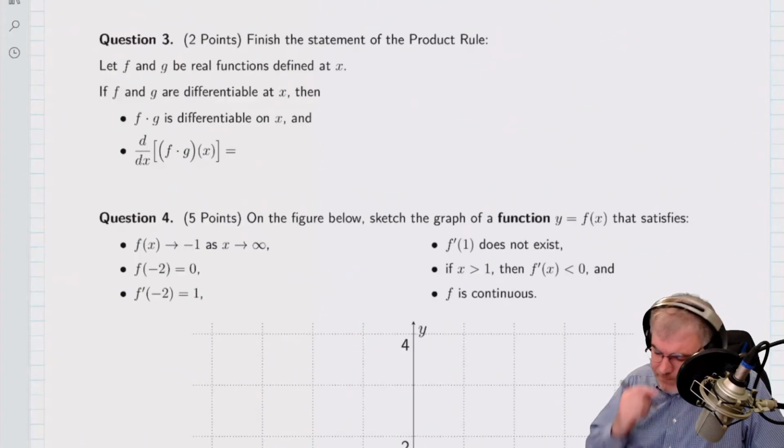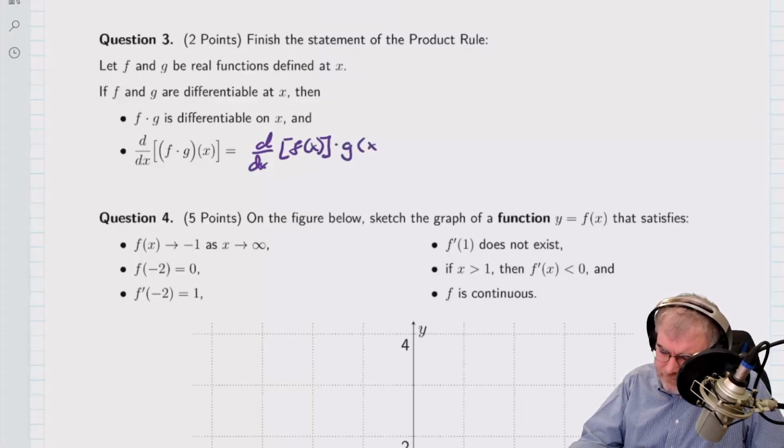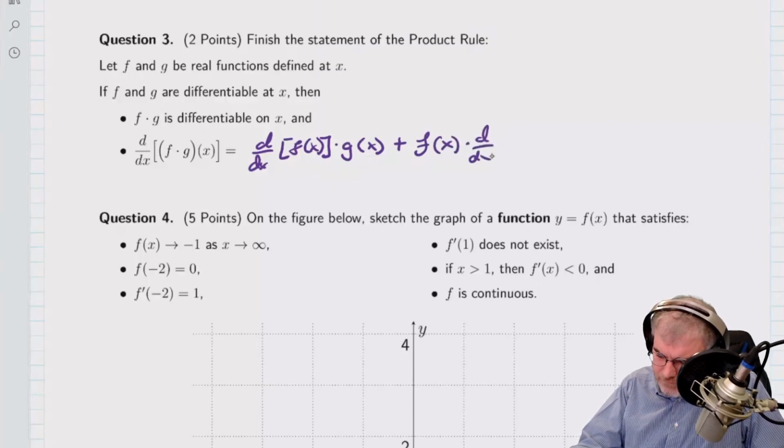Speaking of that, it's a good question. There's the product rule.